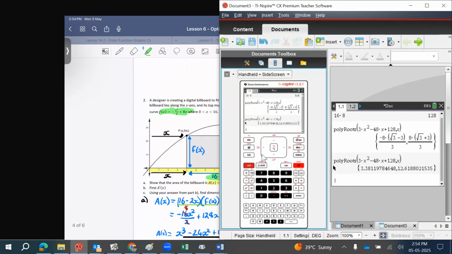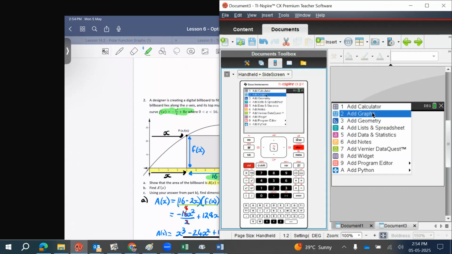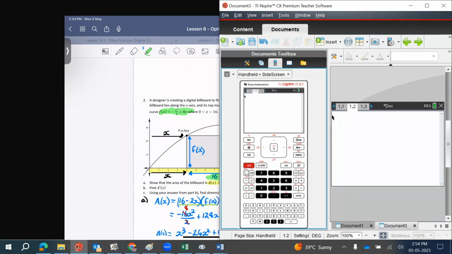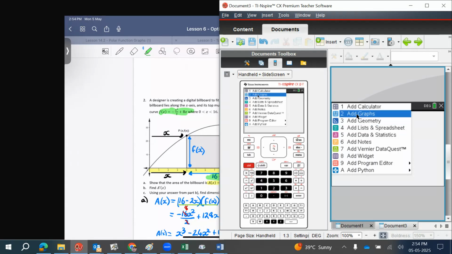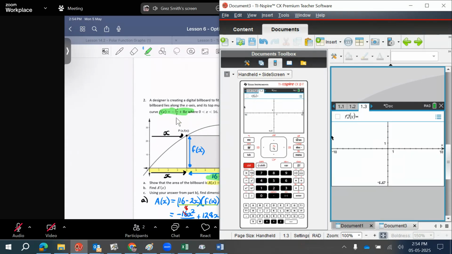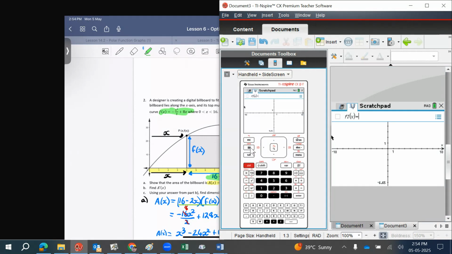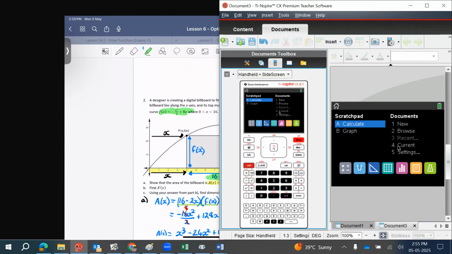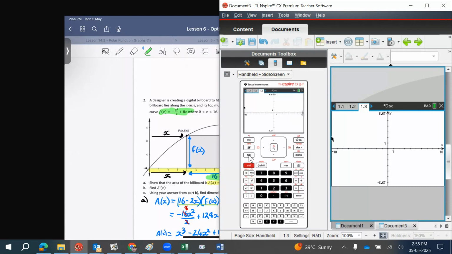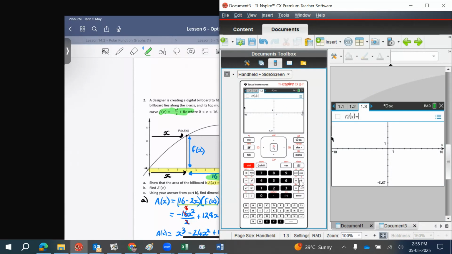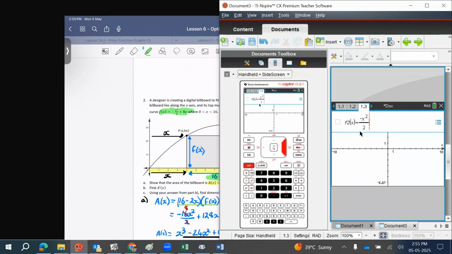I like to just put the formula in on a graphing page. Add a graph page. We want this function here. Control divide minus x squared over 2 plus 8x, enter.